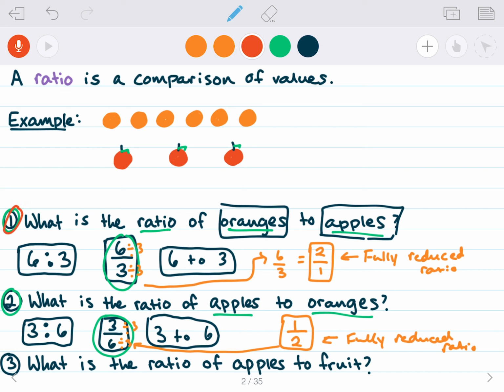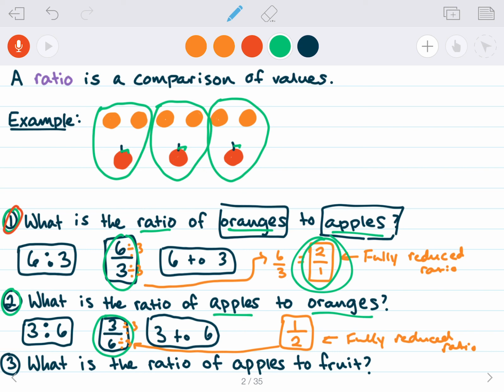That's pretty clear. But the second equivalent fraction says for every 2 oranges, there's 1 apple. And you see we can group it like this to see what that means. For every 2 oranges, there's 1 apple. So just a different way of grouping things. That's what equivalent ratios allow us to do here.